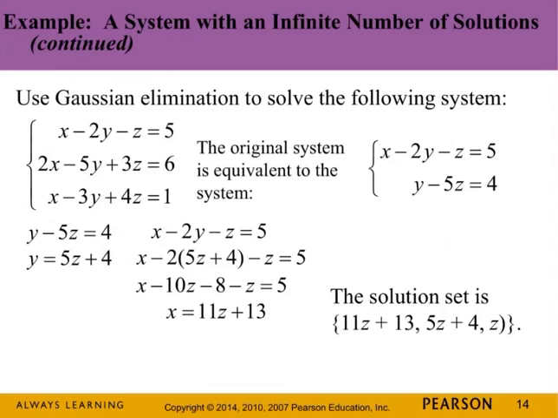So the way it was taught to me was I let Z be A, and then we wrote X and Y in terms of A, but they just wrote X and Y in terms of Z. But I think it's essentially the same thing, right? So we say that Z is a free variable, and then you write X and Y in terms of Z. All right, I just call Z A, but it's the same thing.